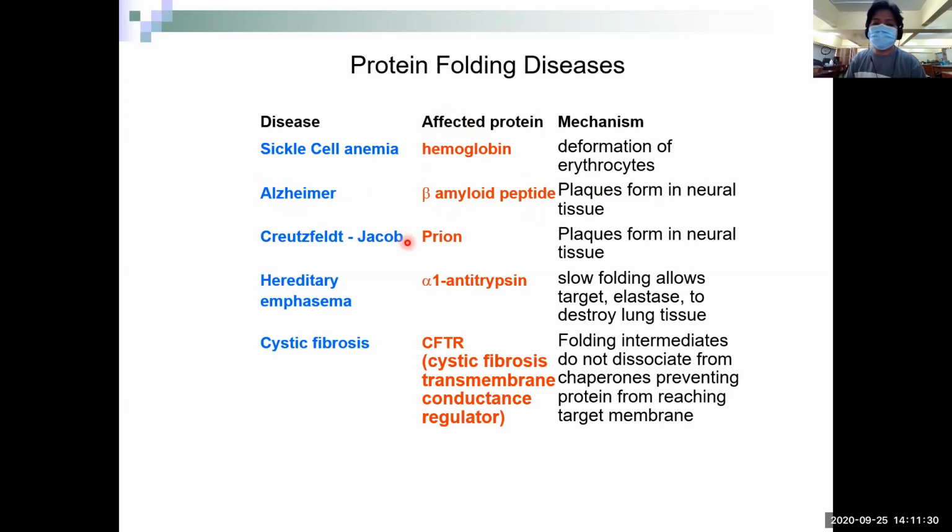Then we have also Creutzfeldt-Jakob. With affected protein niya is the prion. Same lang also with Alzheimer's. So yun yung mechanism niya. We have also hereditary emphysema and cystic fibrosis. So ito yung mga affected proteins and ito yung mechanism why they are affected.